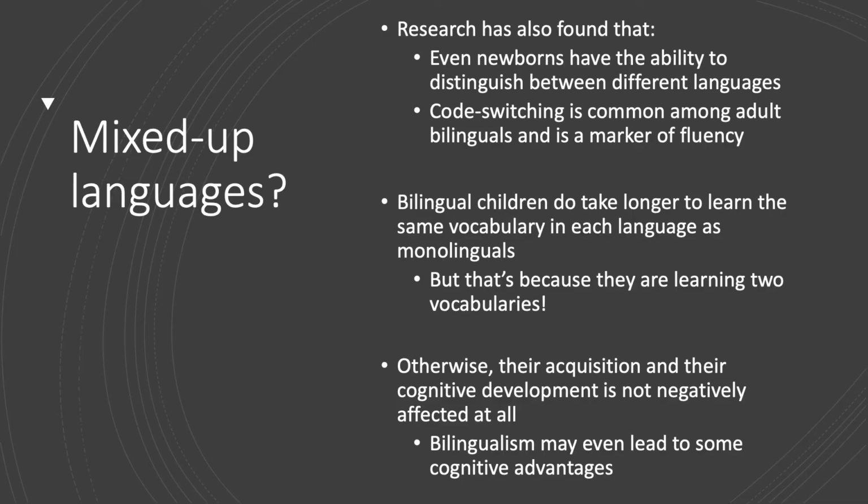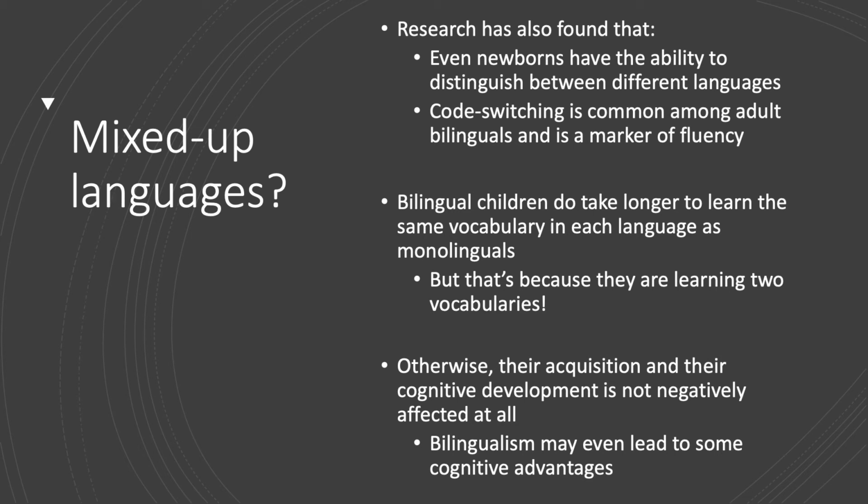Furthermore, research has found that even newborns are able to distinguish between different languages. So it is unlikely that children learning two languages don't realize that or mix them up as if they were the same language. Different languages have different phonological patterns, and babies are very good at distinguishing them.